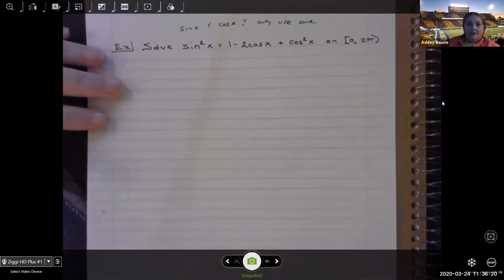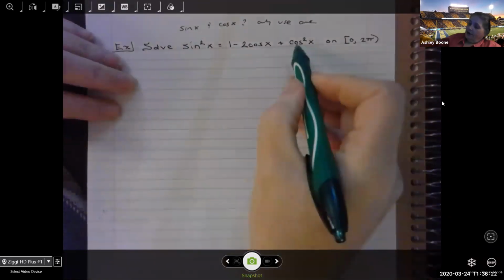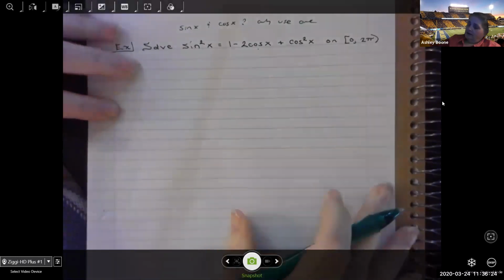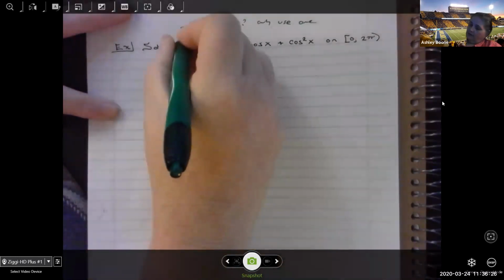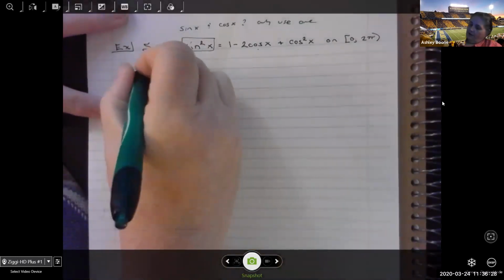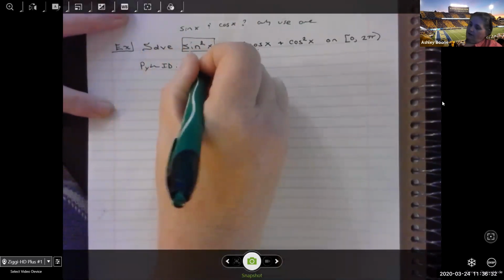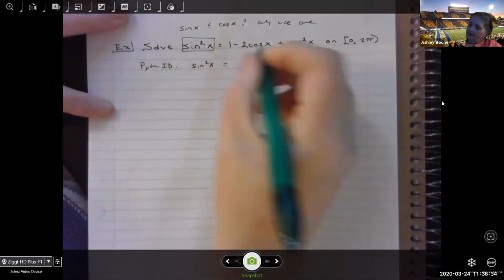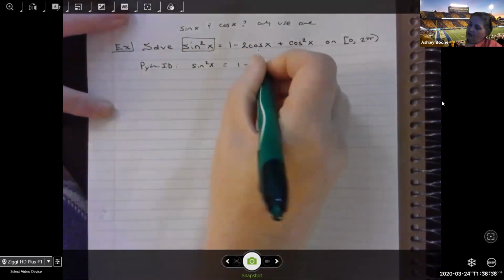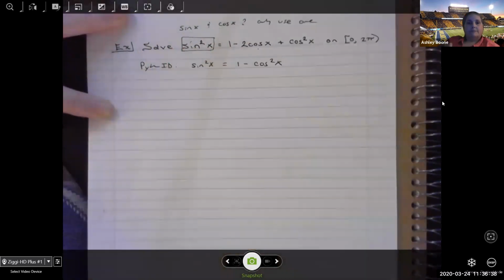Okay, there is. Now we have cosine in a lot of terms here, so I'm going to look at this. Remember from our Pythagorean identities, sine squared of x can be written as 1 minus cosine squared of x.